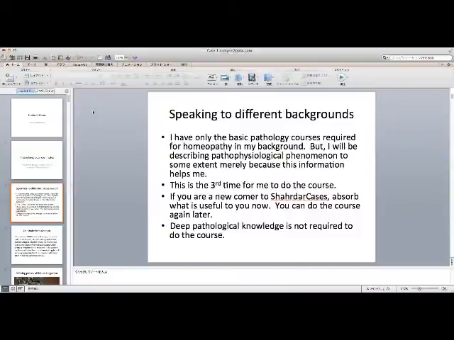I have only a basic background in pathology that's required for homeopathy. And I'm only going to be describing pathophysiological phenomena to some extent because this information helps me. It's not because I'm an expert. I hope we can get help in the discussion from Nader.